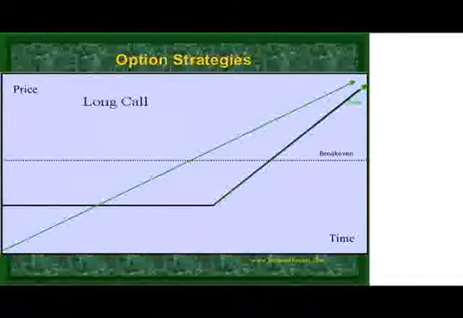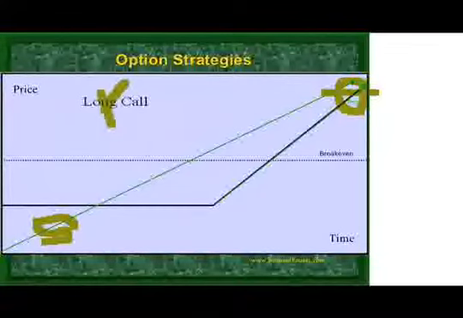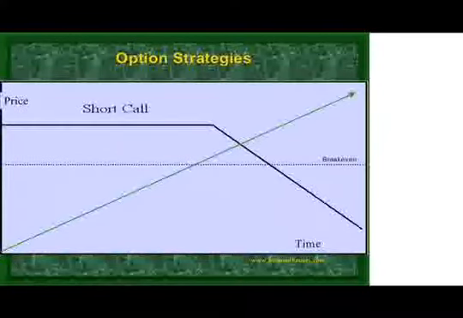If you think that there's a potential that the price can't get to a specific strike price in a given time, but maybe with time decay, it might be more fruitful to sell call options rather than go long a call option. And here's a great example of selling a call.